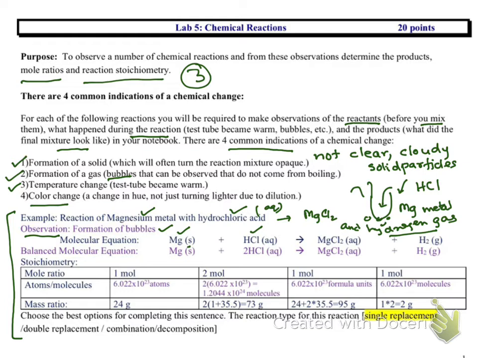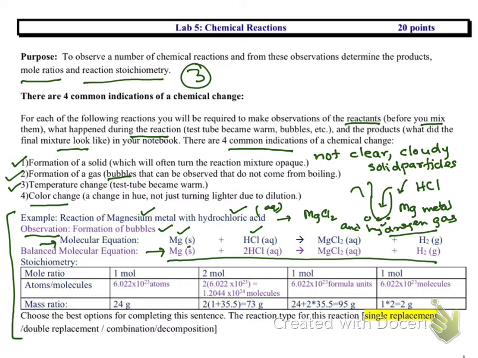So you're writing the equation first, here where it says molecular equation, and then you're going to write down your balanced molecular equation in this line. Then there is a table under this, the mole ratio. So what is the mole ratio?